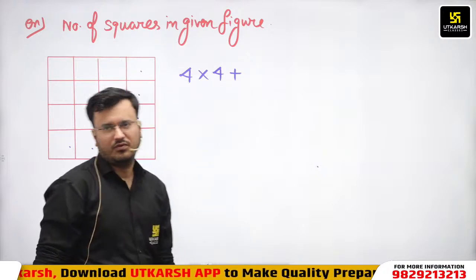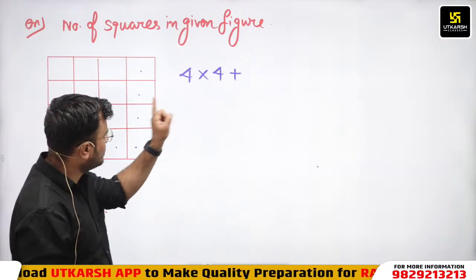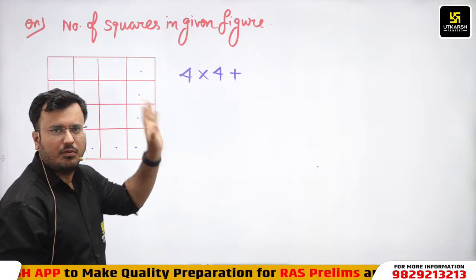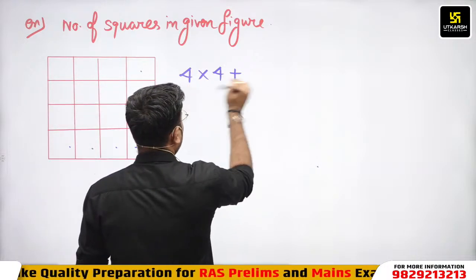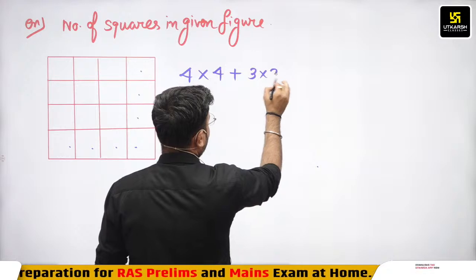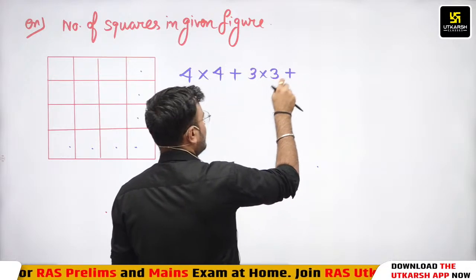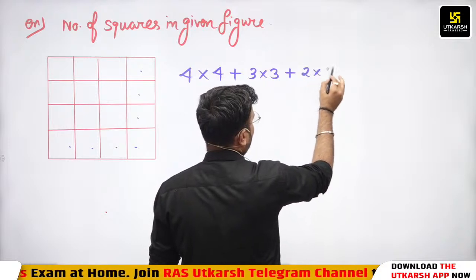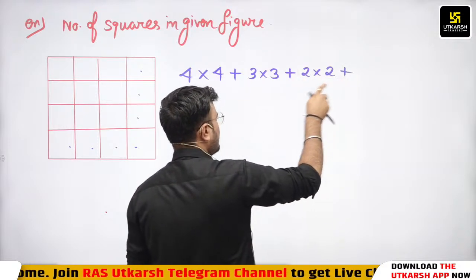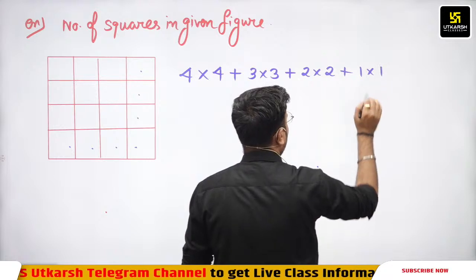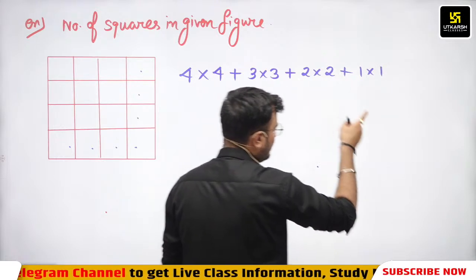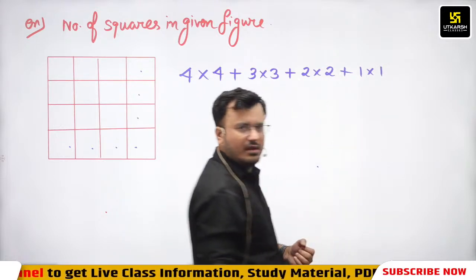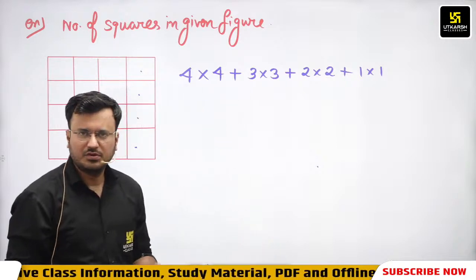So 4 into 4. Now we need to reduce 1 from both these numbers, so we will get 3 into 3. Now repeat this process. If we reduce 1 from these two numbers, we will get 2 into 2. Again repeat the same process, we will get 1 into 1. Now if we reduce 1 from both of these, you will get 0, so we need to stop here.